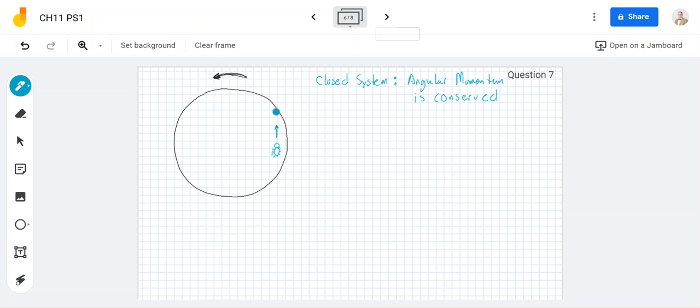So it says if he walks in the direction of motion, the angular momentum of the disc beetle system stays the same.